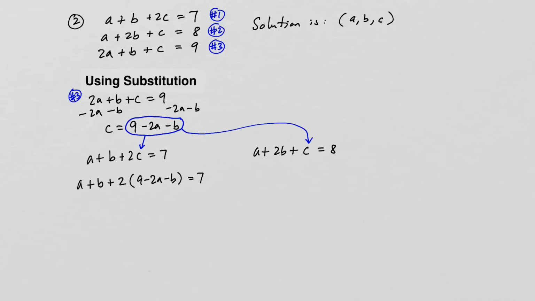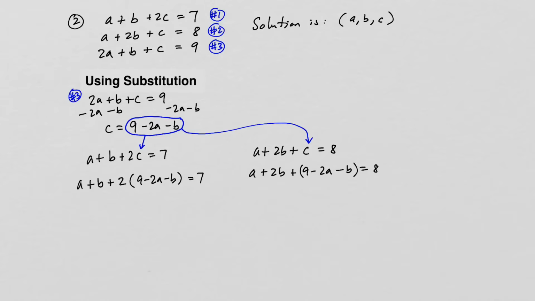And for the second equation, we get A plus 2b plus 9 minus 2a minus b equals 8. And so we're just replacing C with the expression that we got from the third equation.